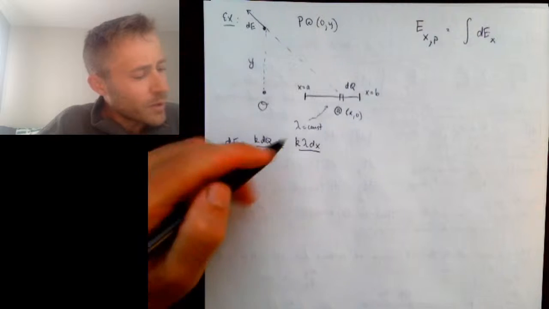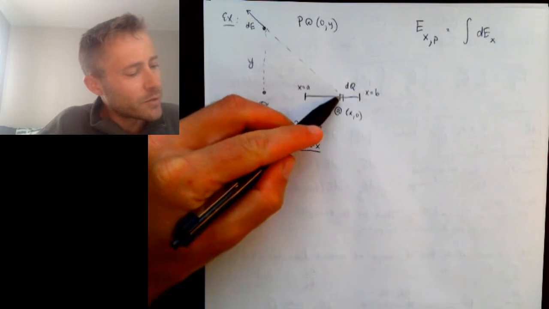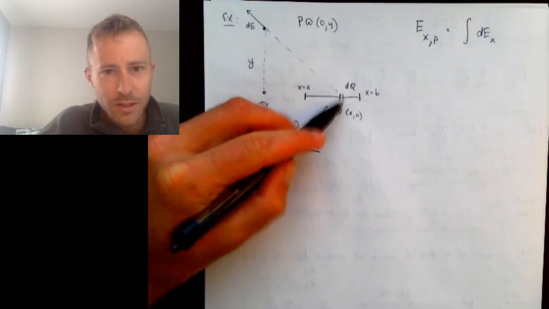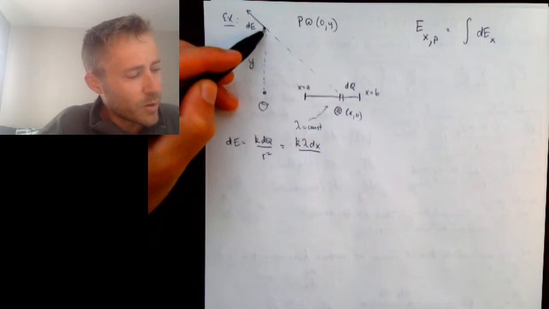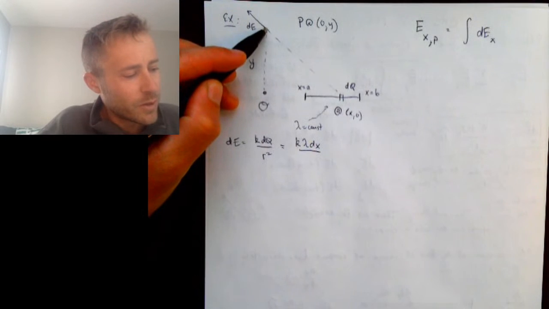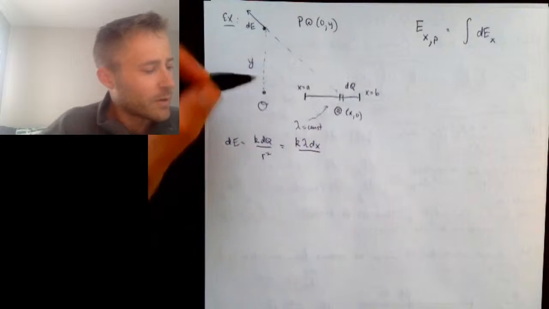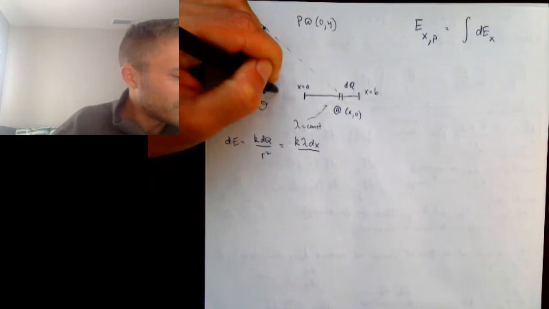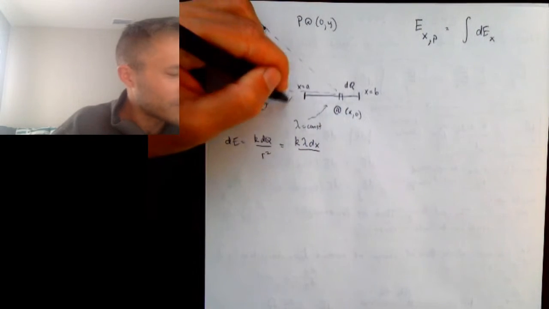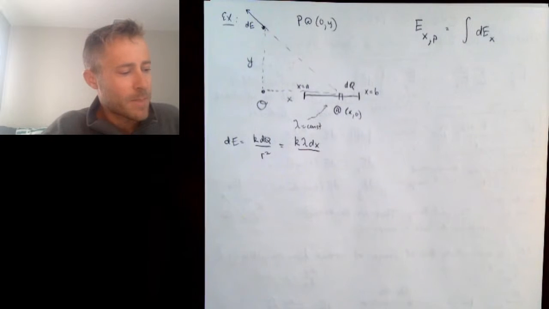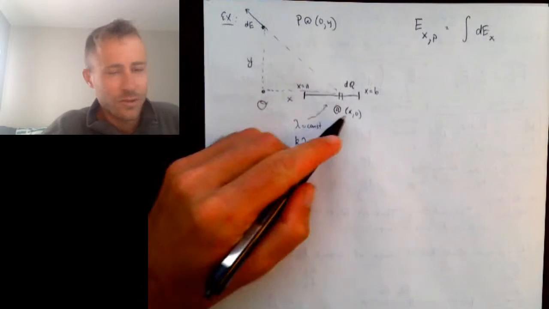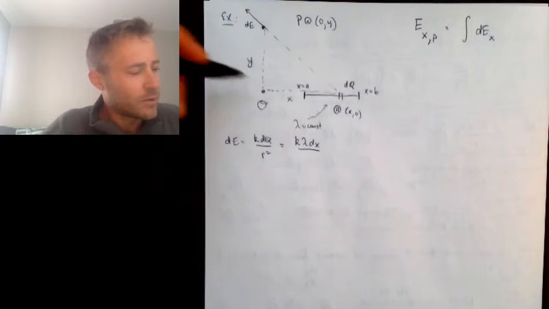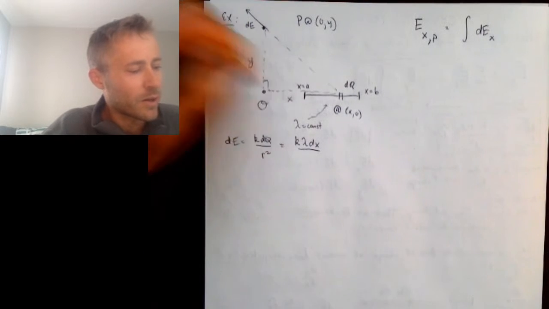What is r squared? r squared is the distance from this dq to the point P where I'm measuring the electric field. So that distance right here, well, I know that this distance is x, from the origin to dq. And this distance is y, and this is a right triangle.